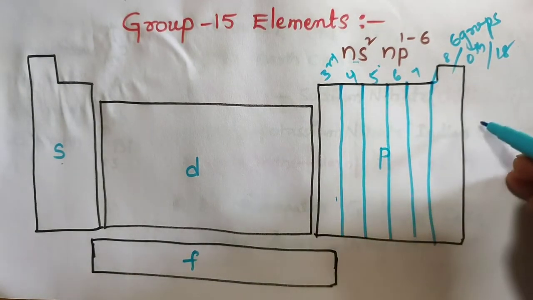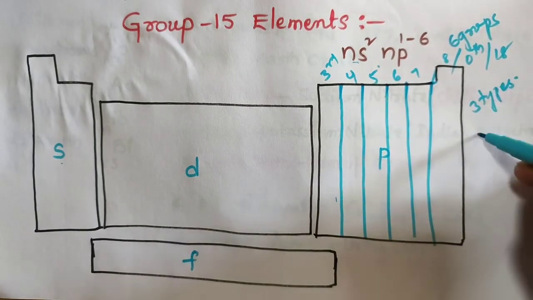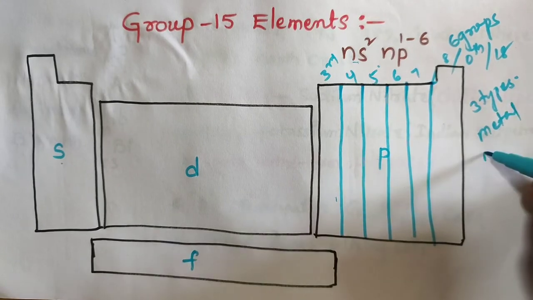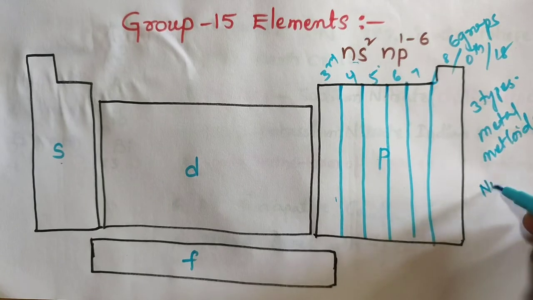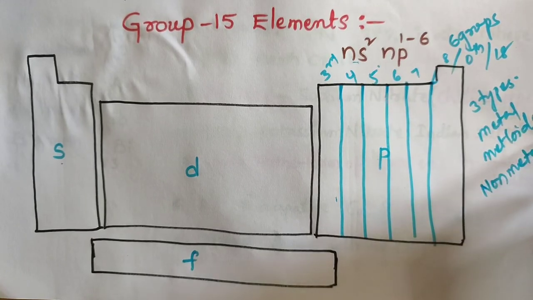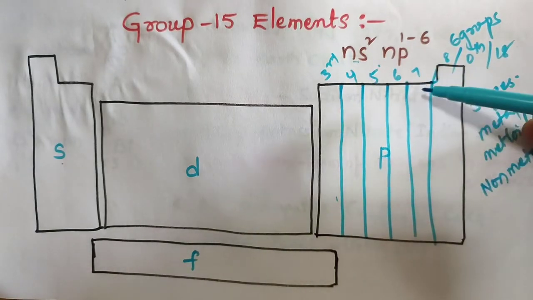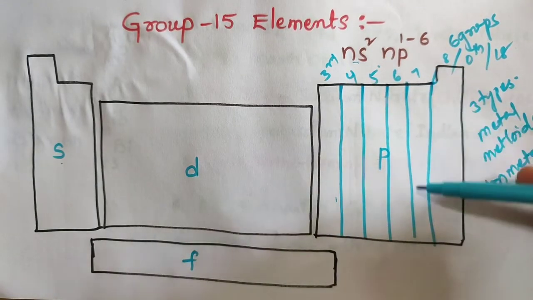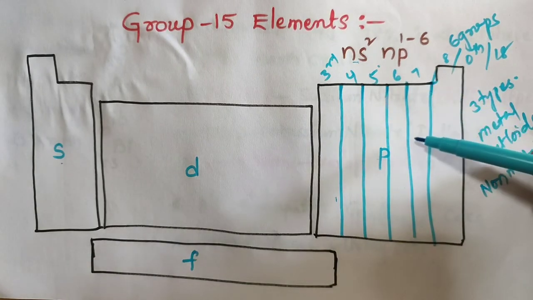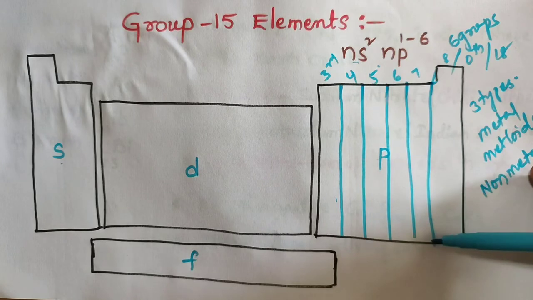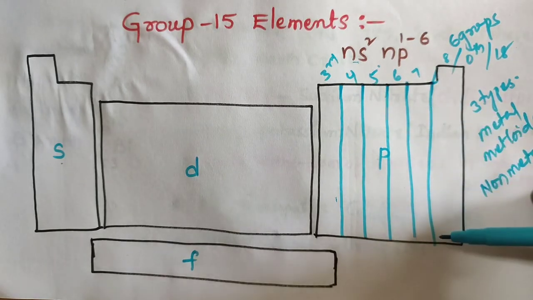In these groups 3 types of elements are present: metals, metalloids, and non-metals. From top to bottom, the metallic nature increases. The top elements are non-metals and metalloids, and the next ones are metals.